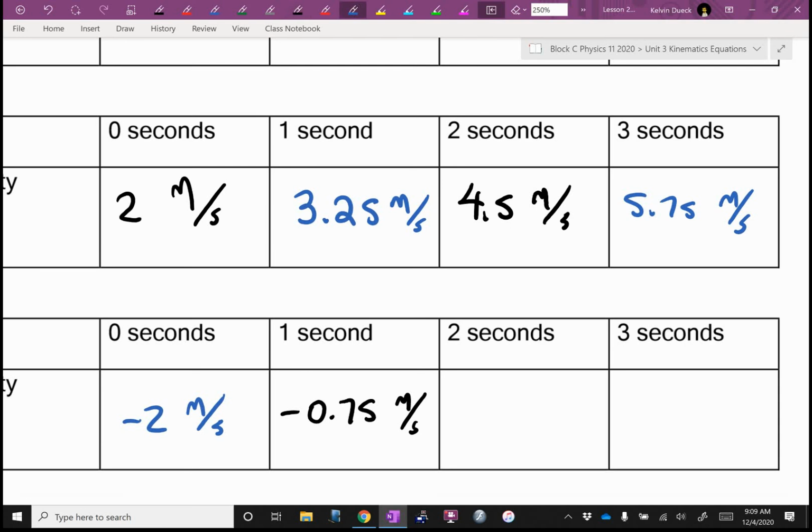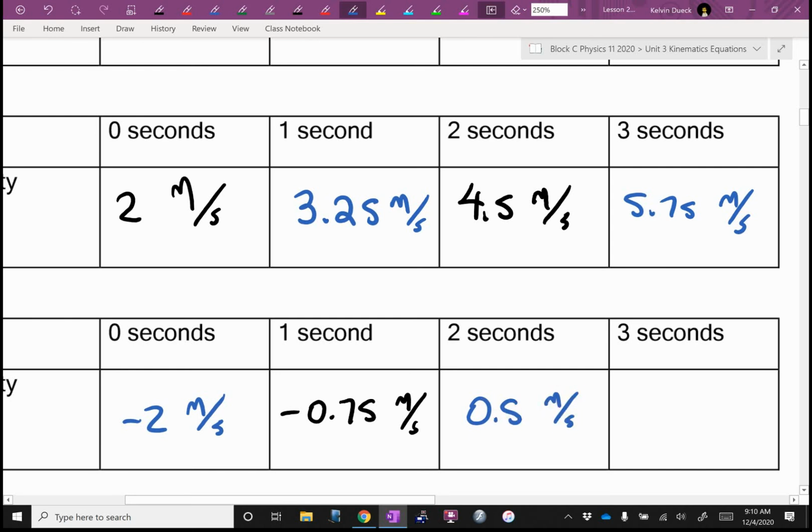I heard someone? How'd you get that? Yeah. So if I go negative 0.75 plus 1.25, I don't think I get one. Do I get 1.5? 0.5. I think 0.5. Is that okay?